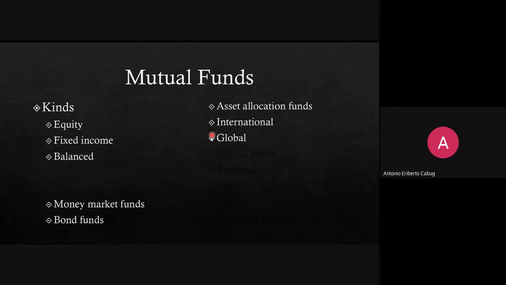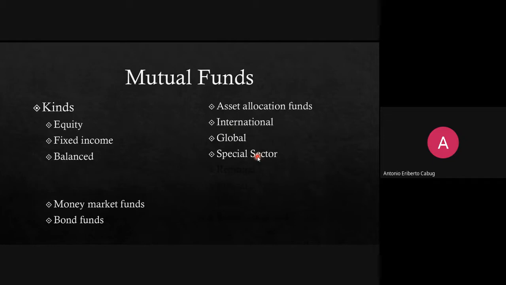The difference between international and global is that international funds exclude our home country. Global funds may include our country. So, what kind of companies are in the fund? If the answer is only those that are abroad, international fund. If the answer is countries abroad as well as our country, that's a global fund. Okay, magkaiba yung international tsaka global.